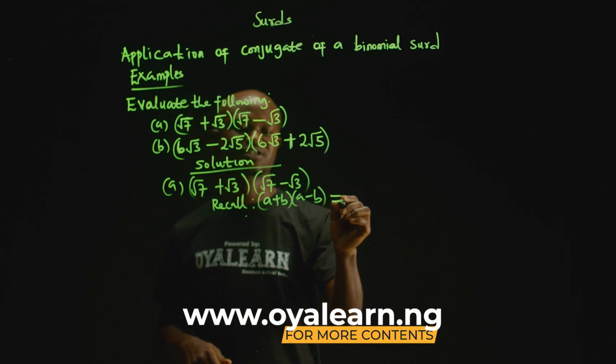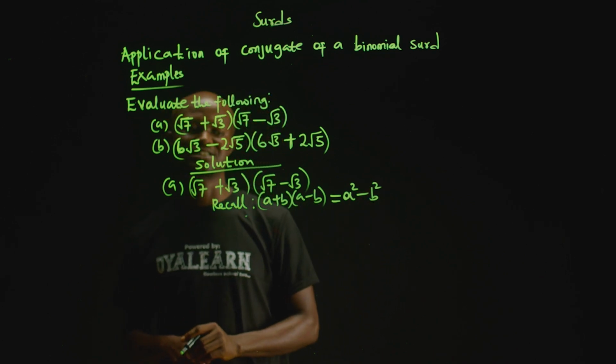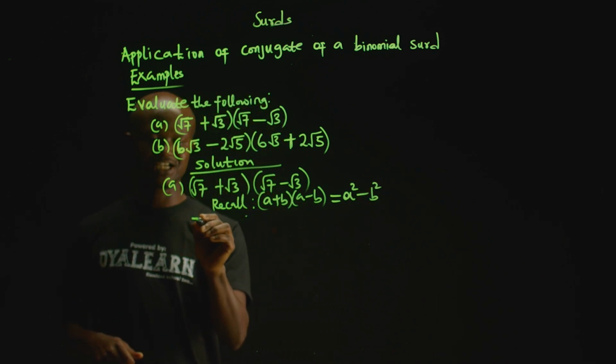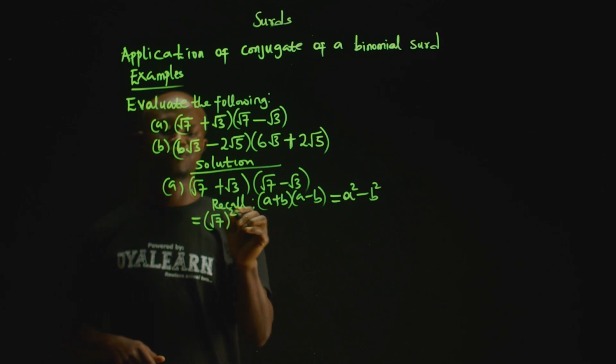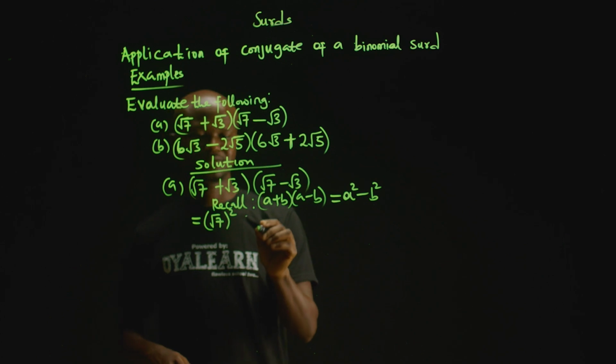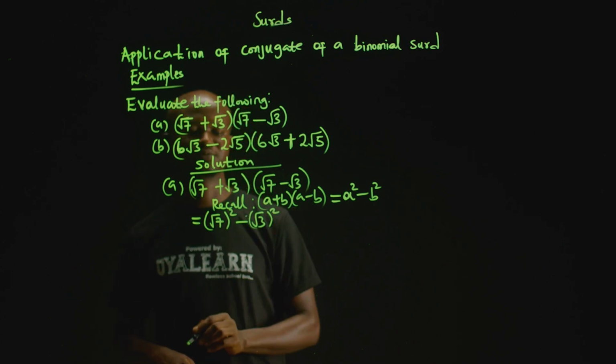This will give us a squared minus b squared. That's the difference of two squares. So here, this will give us root 7 raised to the power of 2, then minus root 3 raised to the power of 2.